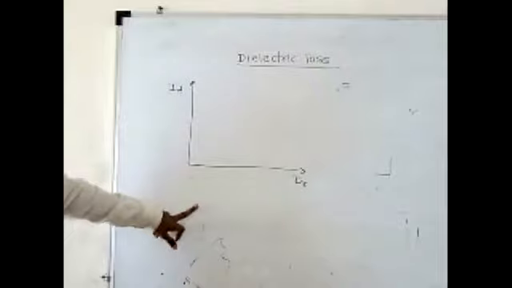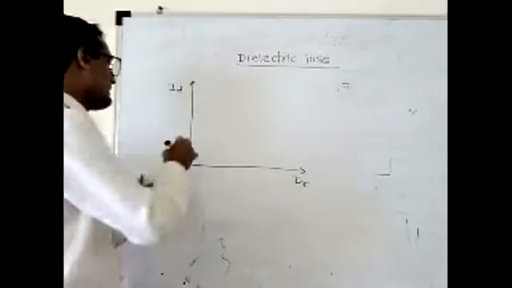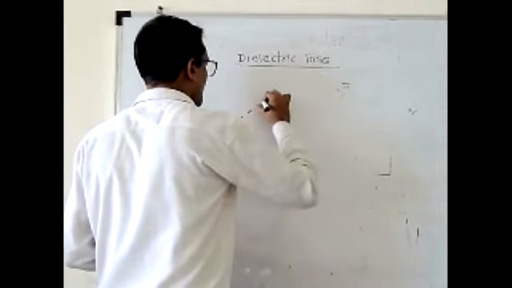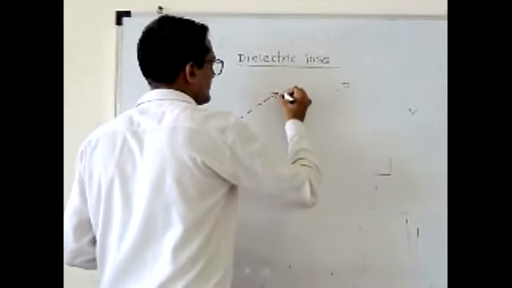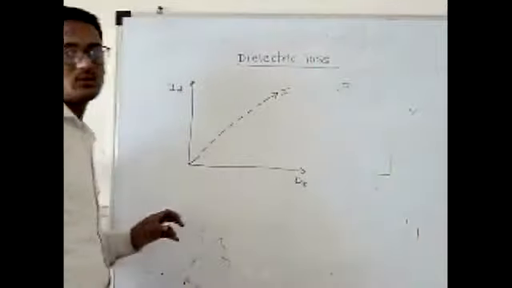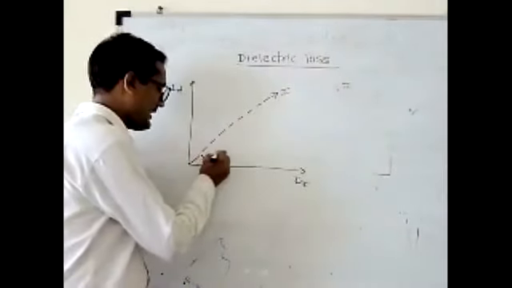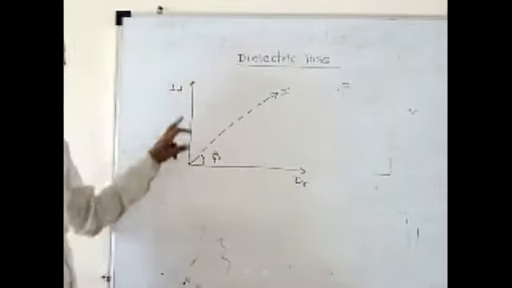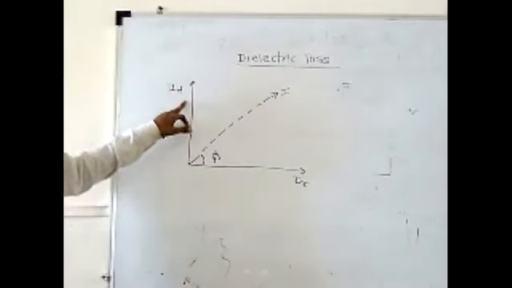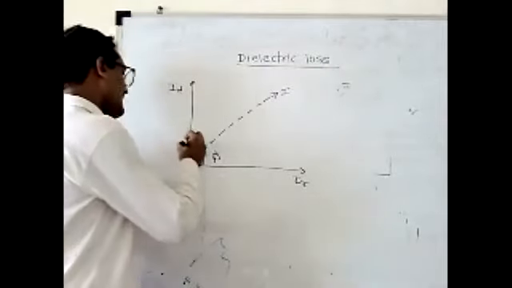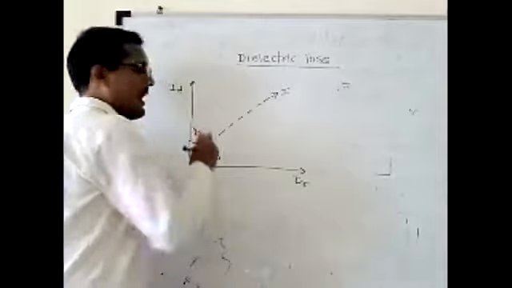And the equivalent is our total current I, which makes angle phi with IR, and the angle with ID is delta.